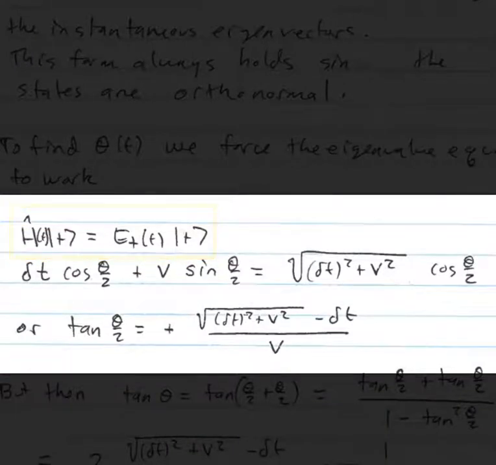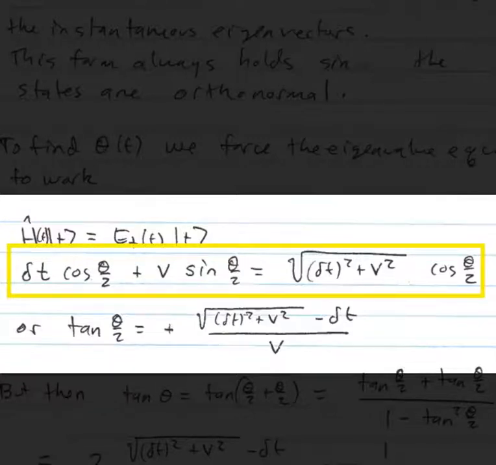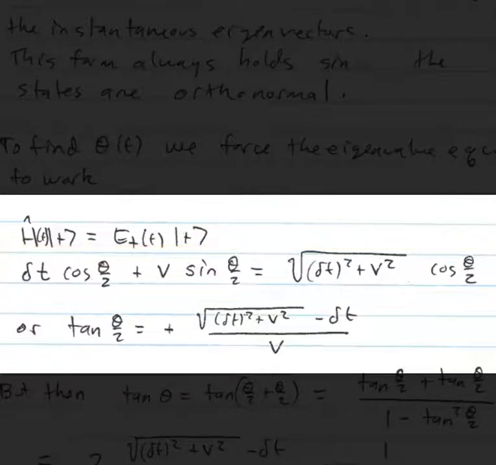Well, H of t from the matrix acting on this plus state, we're going to get a delta t times cosine theta over 2, plus v times sine theta over 2, and that's going to equal the energy eigenvalue, which is the square root of delta t squared plus v squared with the plus sign, multiplied by cosine theta over 2. So that's looking at the top component of the plus vector.